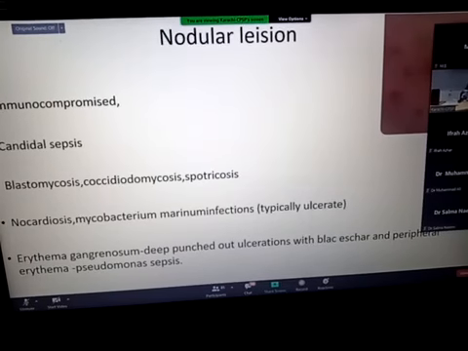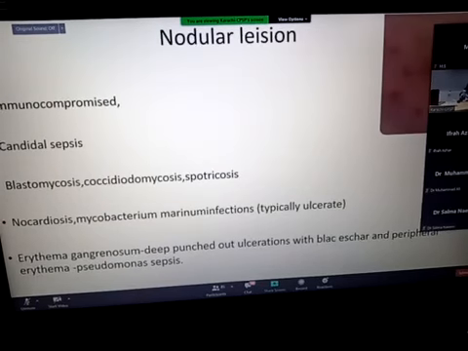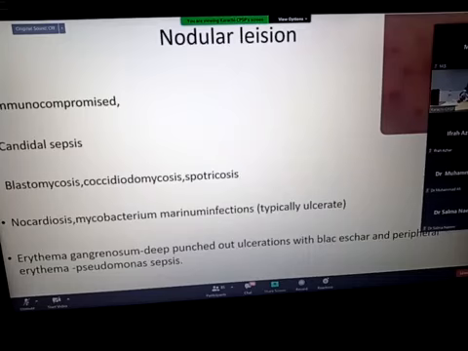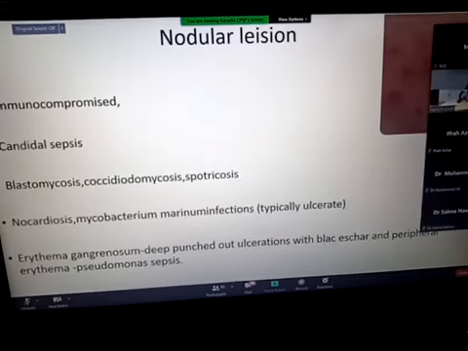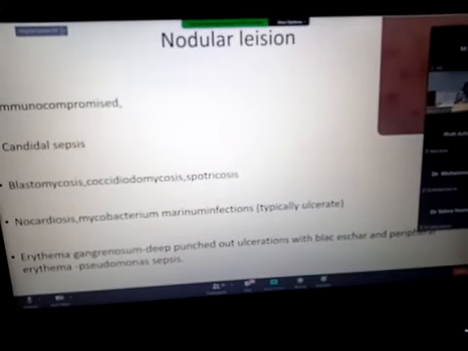This may occur in immunocompromised patients, they may be suffering from HIV, and in these patients there are more chances of getting fungal infections, the candidal sepsis. Then they may get blastomycosis, coccidioidomycosis, different kinds of fungal infections.